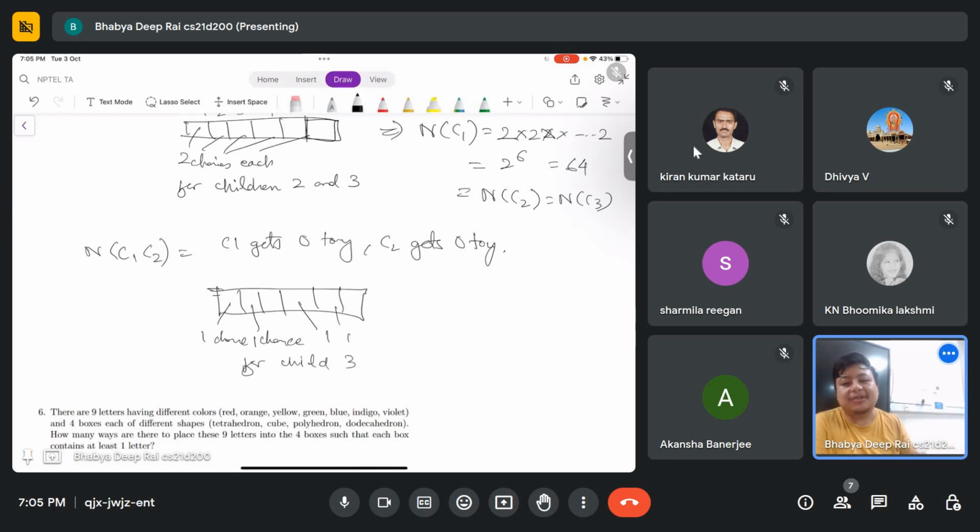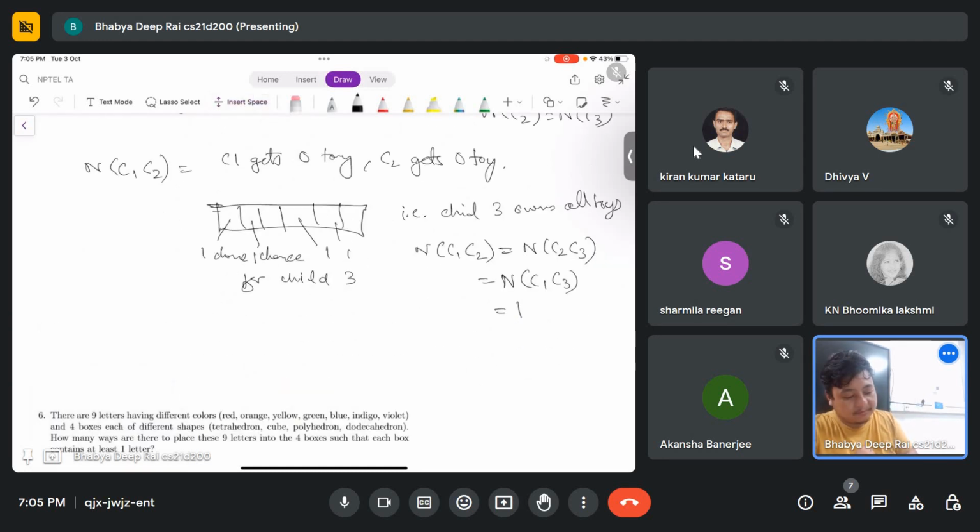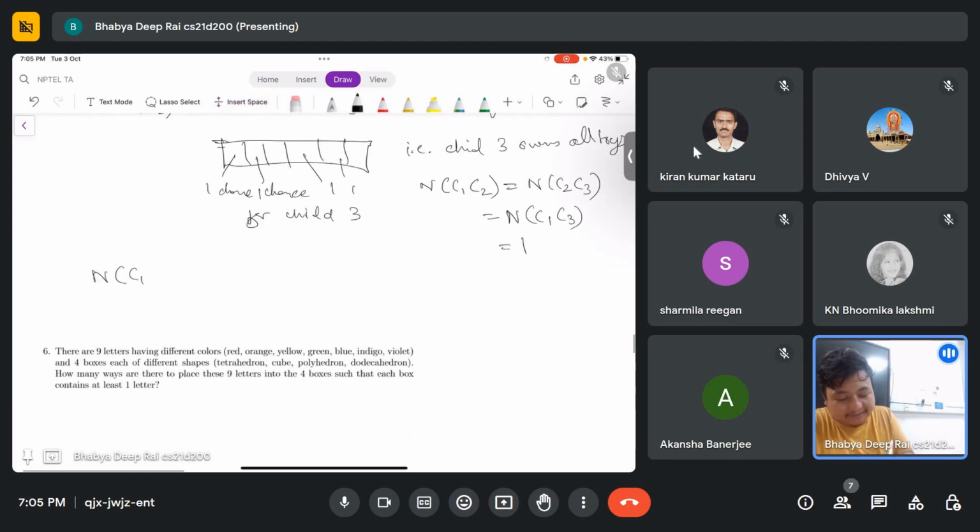In other words, child 3 owns all the toys. So there's only one way that this happens, where child 3 owns all the toys. That is, I take all the toys and give them to child 3. So N(C1 C2) is the same as N(C2 C3) and N(C1 C3), which is nothing but 1. Finally, N(C1 C2 C3), all three children.